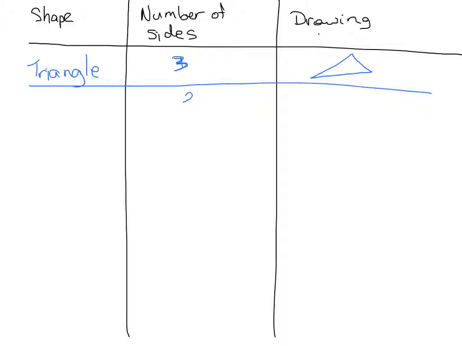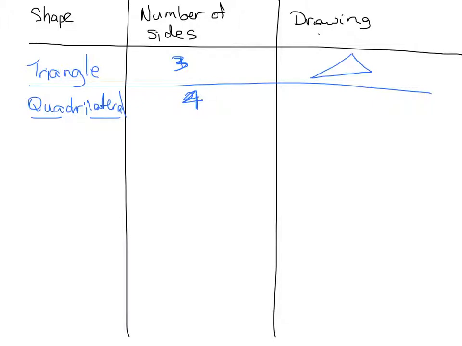All right. So the next shape has 4 sides. 4 sides is a quadrilateral. That's the general name for a 4-sided shape. And you can see quad, and lateral for sides. That could be a square, it could be a rectangle, it could be a parallelogram, it could be a rhombus.